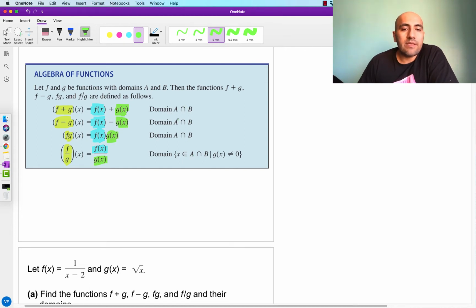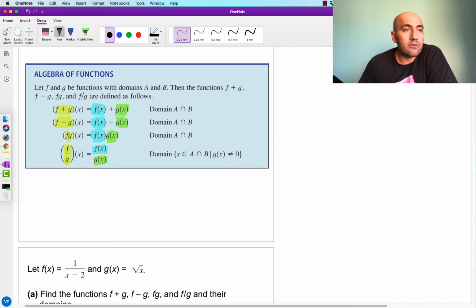It's always going to be the intersection of A and B, where A is the domain of f and B is the domain of g. So it's all the values that will result in a valid output for the f and the g function at the same time. Good. Okay, and then we just have to be careful that the g of x function doesn't have an output equal to 0. Remember, this is another common mistake, we're not saying you're not allowed to input a 0.